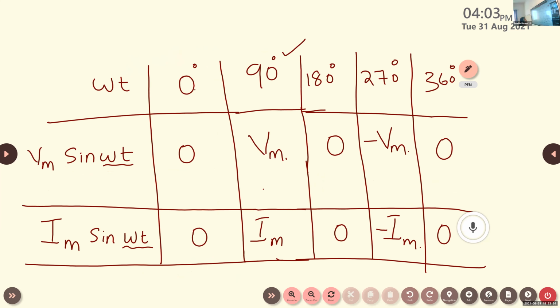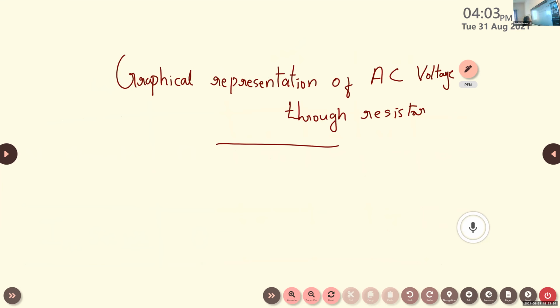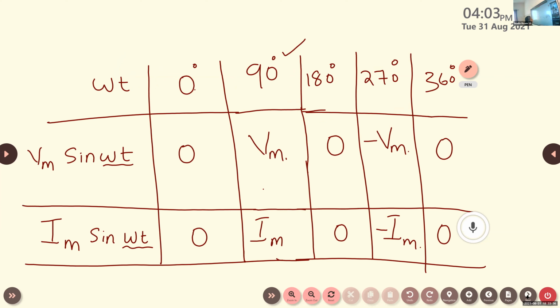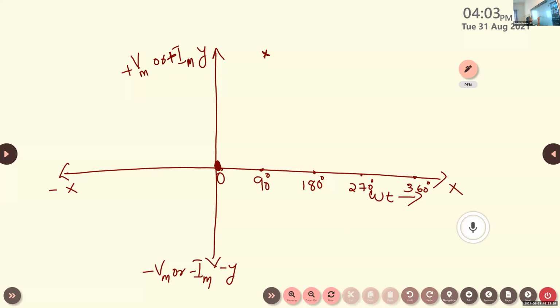Now, if the omega t is equal to 180 degree, what will be the value of alternating source of EMF? It is 0. So we can mark the point here. That is at omega t equal to 180 degree, Vm sin omega t is 0 here.